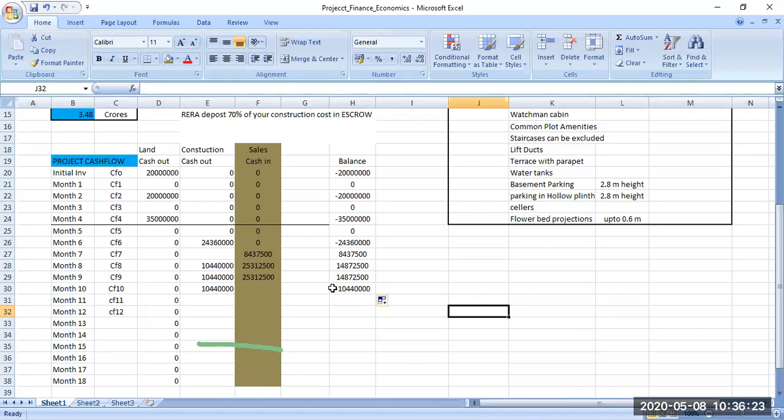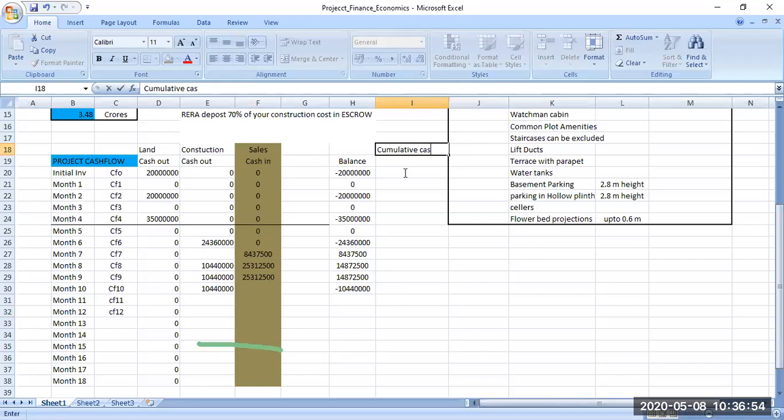So ideally, what I'm looking at is this is my monthly net balance. But what I'm looking for is the cumulative balance. So technically, this shouldn't be zero, right? This should be added here. So I should get net cash flow. This is just a balance cash flow. But ideally I'm looking at a cumulative cash flow.